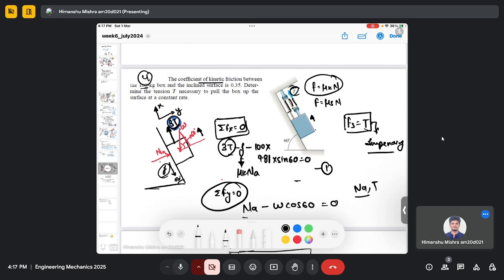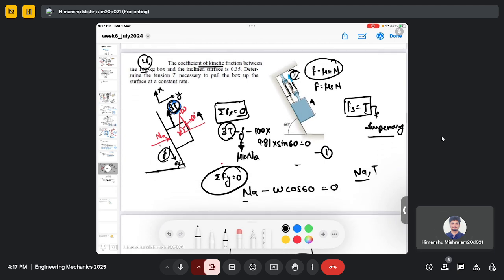We are pulling the body in the upwards direction. Therefore, the friction force is in the downward direction.